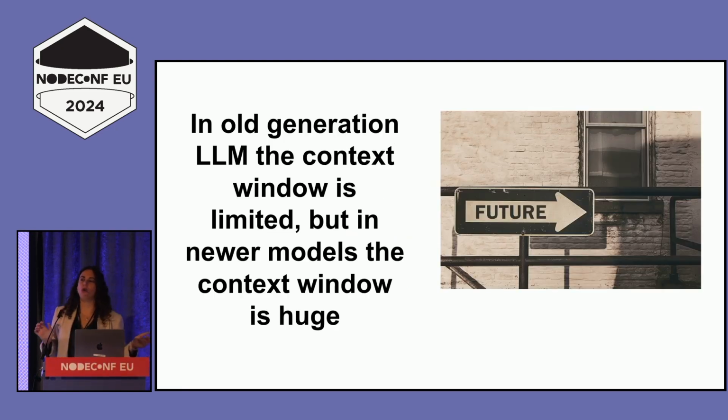First of all, that's also not a way that you want to go. Old versions of LLMs had a limited and small context window, but newer ones have huge context windows, and then you say, yeah, I want to give everything to the LLM, 0.5 terabytes of data. Yeah, I'm giving it.